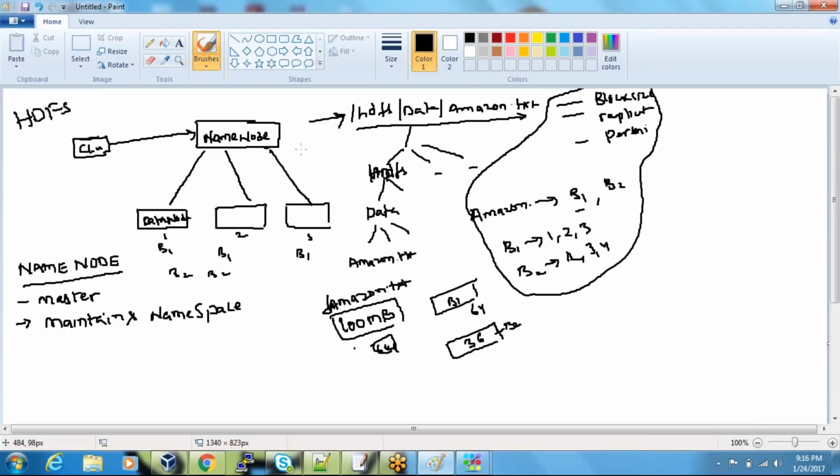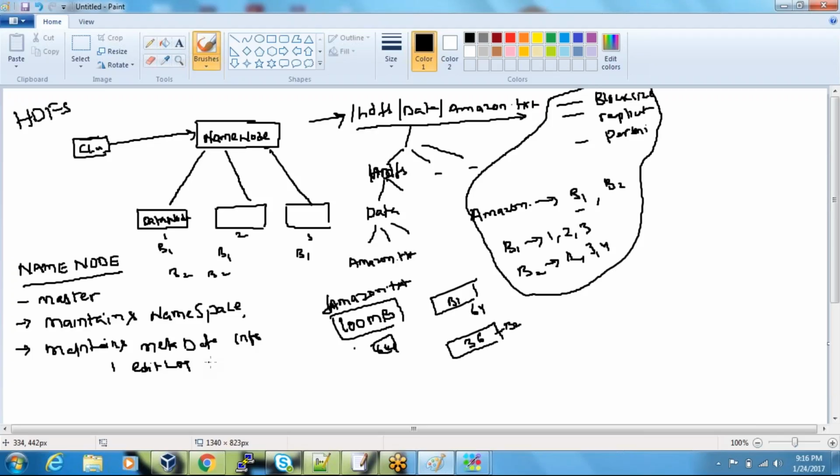Your name node is a master node and it maintains the namespace information and metadata. The third point is it maintains metadata information in the form of two files. The first one is the edit log file.